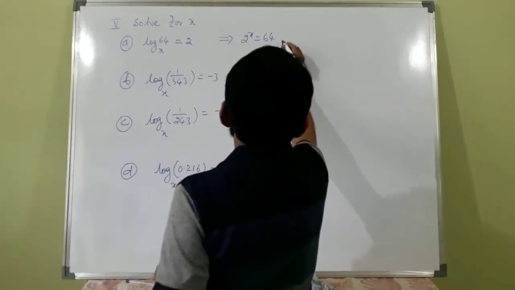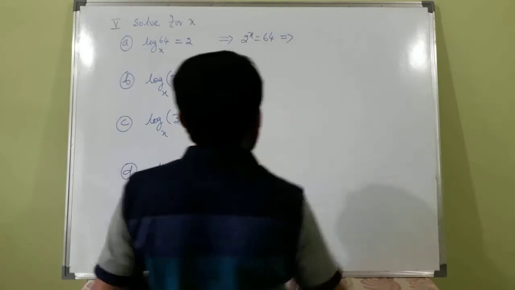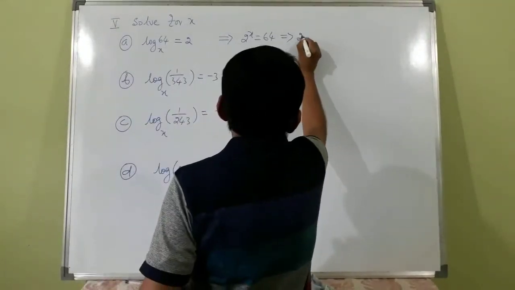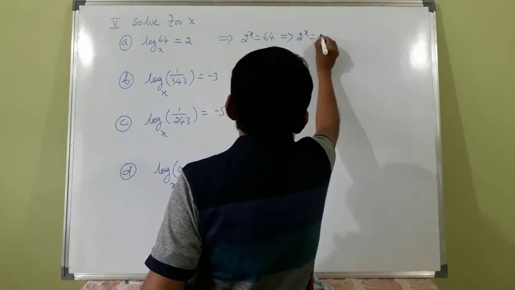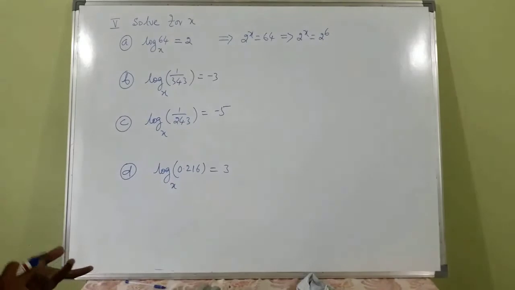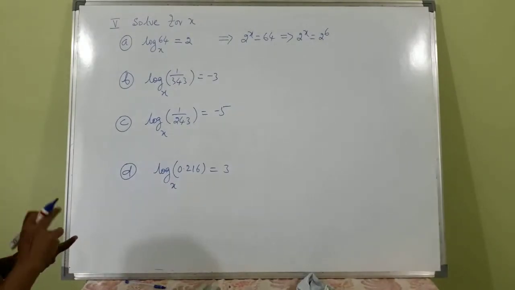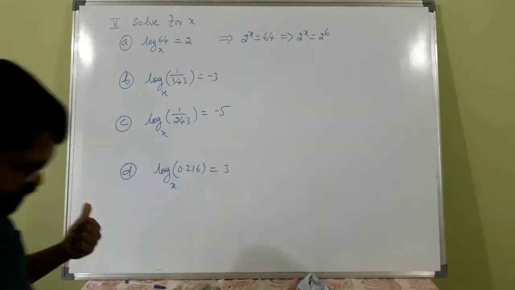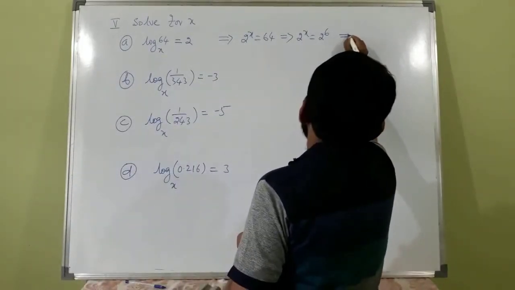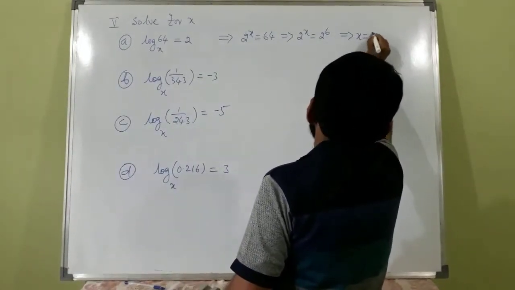That implies x squared is equal to 2 to the power 6. 2 into 2, 4 into 4, 8, 16, 32, 64. So x is equal to 6.